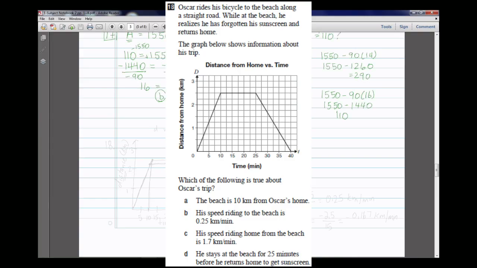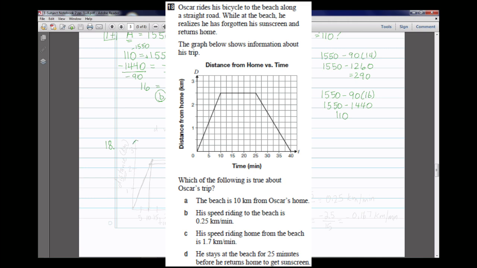Let's look at multiple choice number 18. It has a bit of a diagram there, and it says Oscar rides his bicycle to the beach along a straight road. While at the beach, he realizes he has forgotten his sunscreen and returns home. The graph below shows information about his trip, and I'll just give it a sketch here.